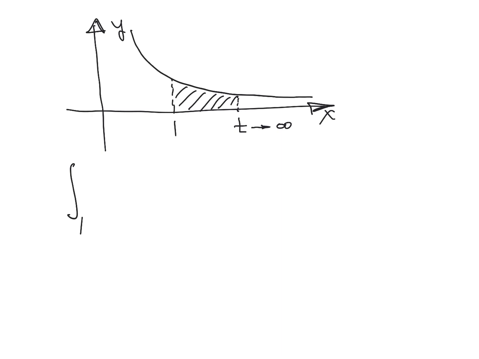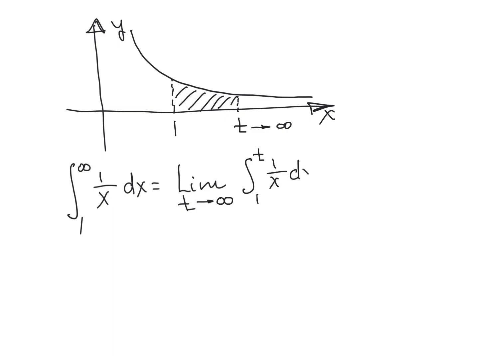And if that limit exists, that will equal the convergence value of our improper integral. So the way we write this is the improper integral from 1 to infinity of 1 over x dx is equal to the limit as t approaches infinity of the proper integral from 1 to t of 1 over x dx.